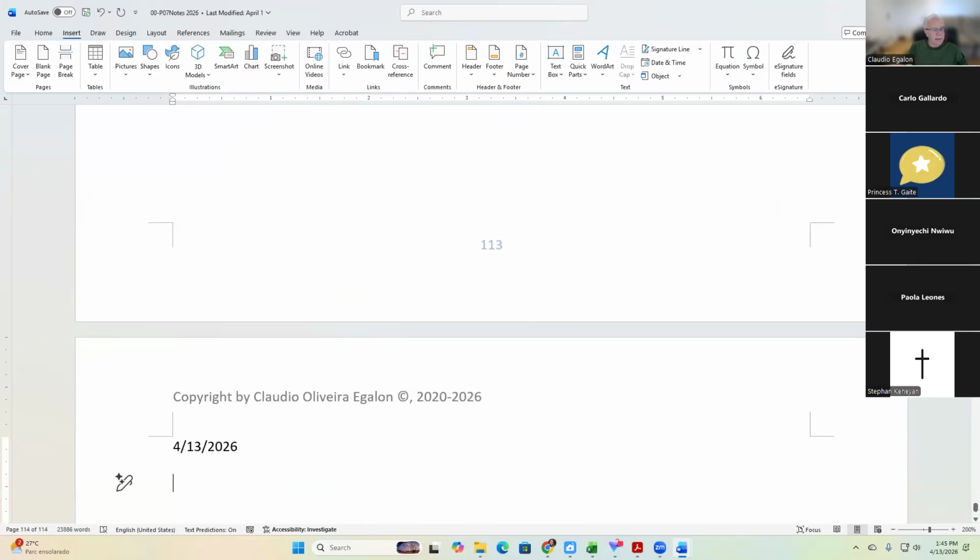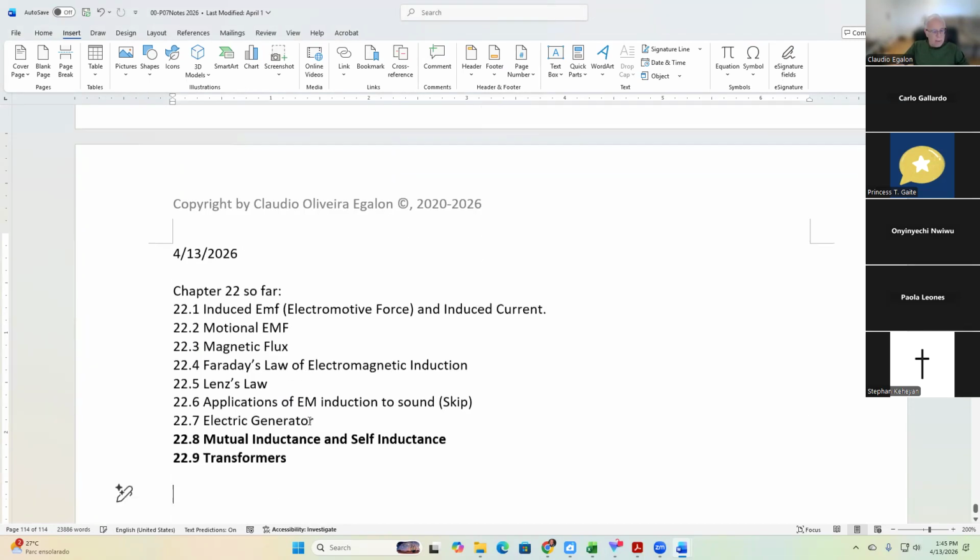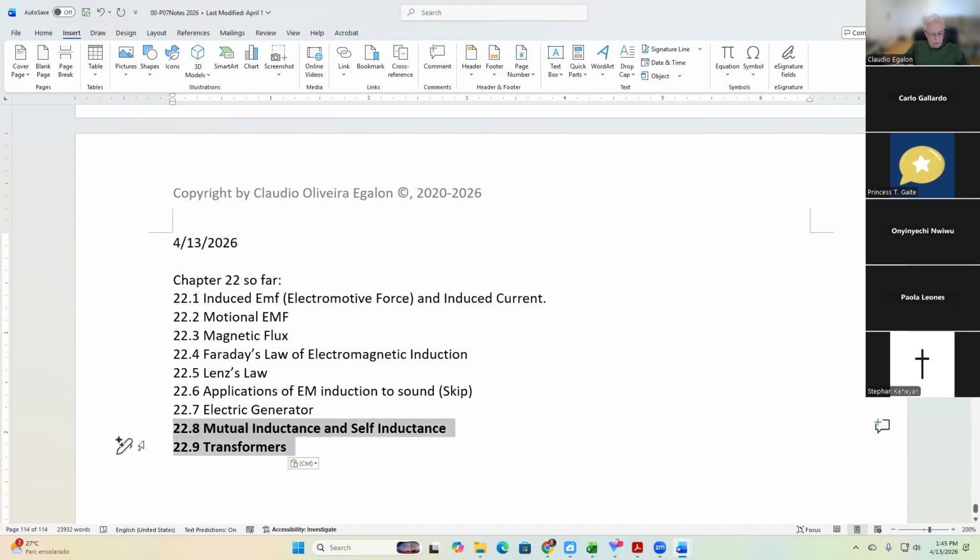And now I'm going to get into the nitty-gritty details of electromagnetic induction. What I want to do, I want to lay down here the sections of chapter 22.